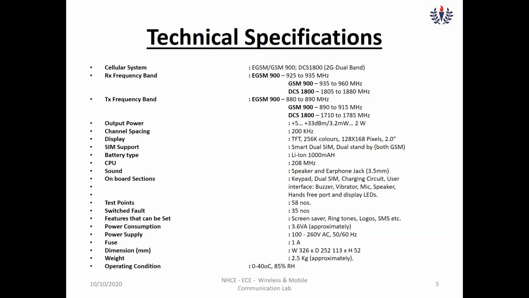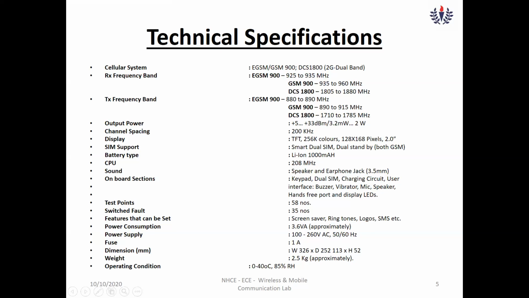And then we have a power unit, and the total power consumption by our mobile trainer kit is approximately 3.6 volt amp, and the direct supply we use is 230 volt AC 50 hertz. And the fuse, we all know, is a protection unit, and it is given as 1 amp protection. The fuse is used to protect from over voltage and over current flow to the mobile trainer kit.